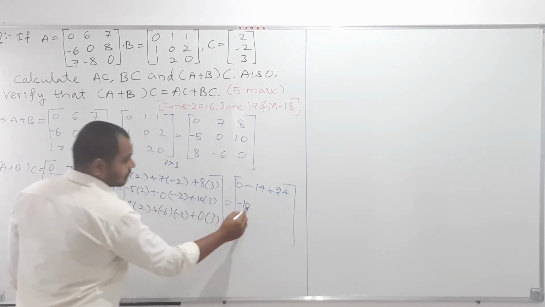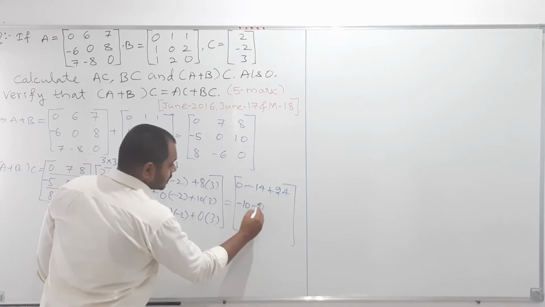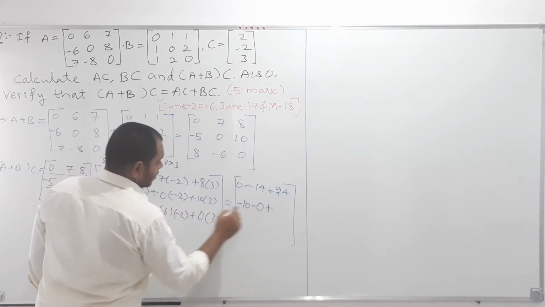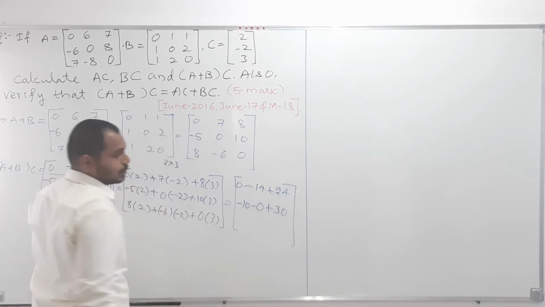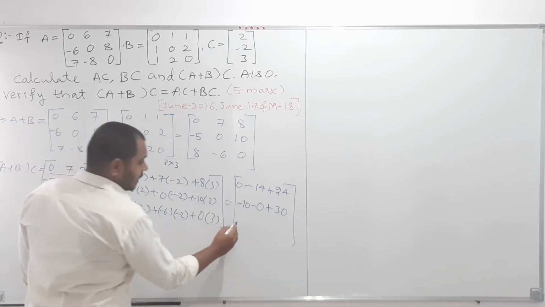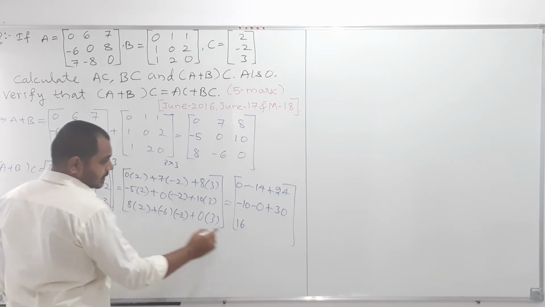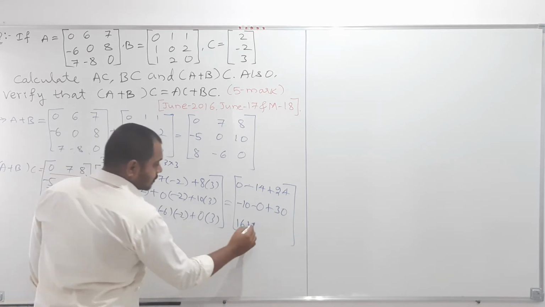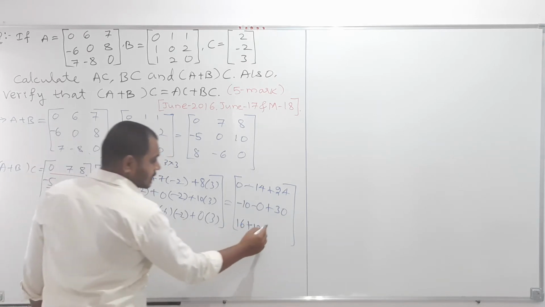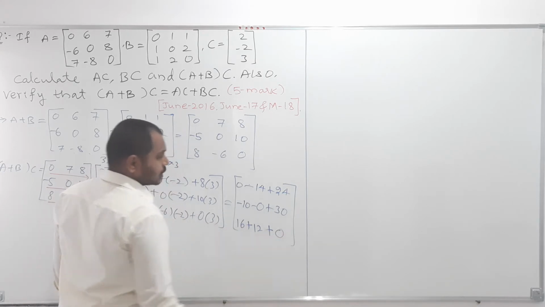Next plus 0 into minus 2 is 0. Plus 10 into 3 is 30. Next 8 2s are 16. Plus minus into minus is plus, 6 2s are 12. Plus 0 into 3 is 0.